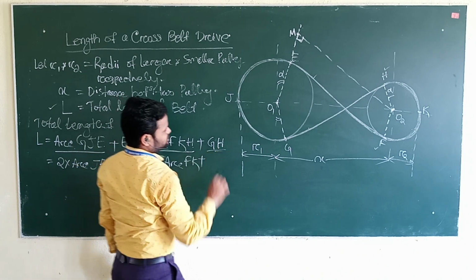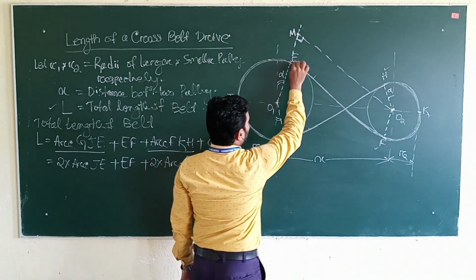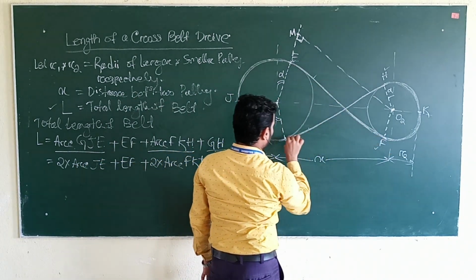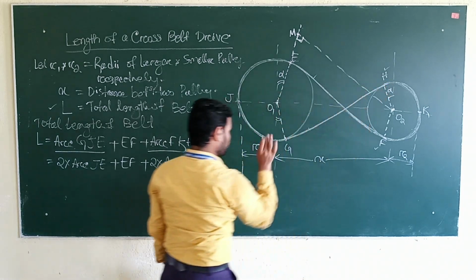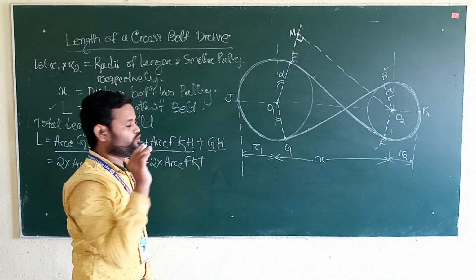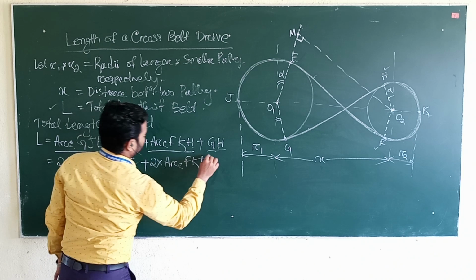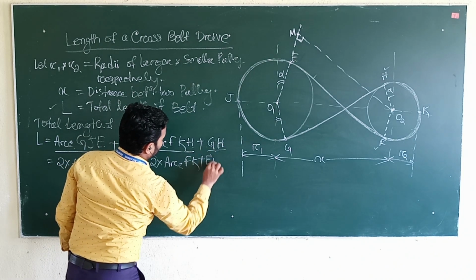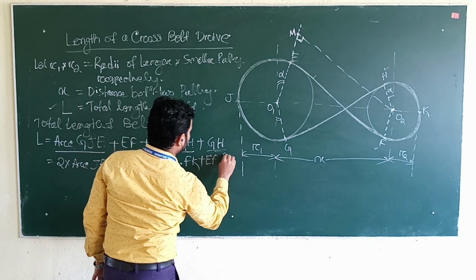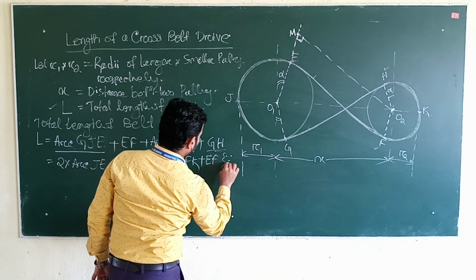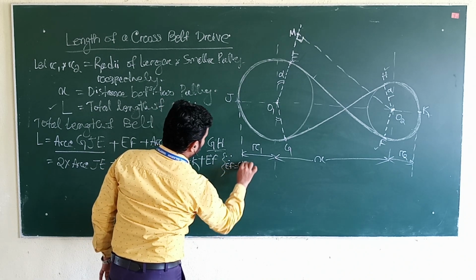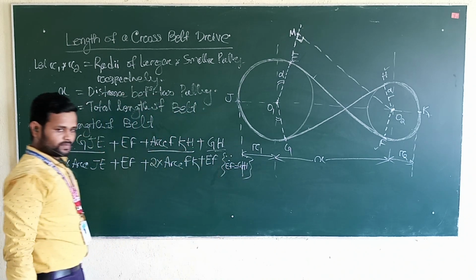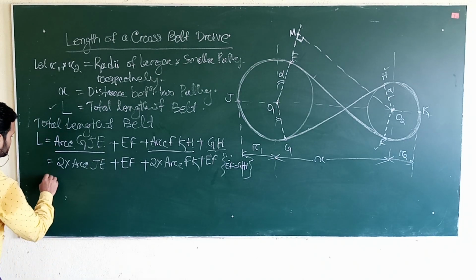Plus in case of GH, you will see in the figure the length of EF is equal to the length of GH. So in place of GH, we write EF, since EF equals GH.